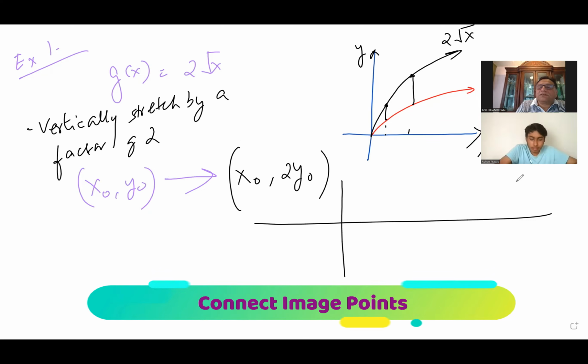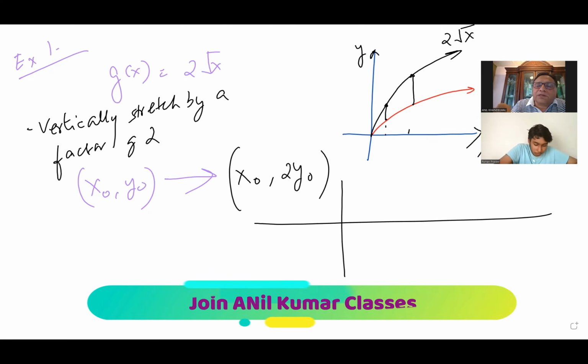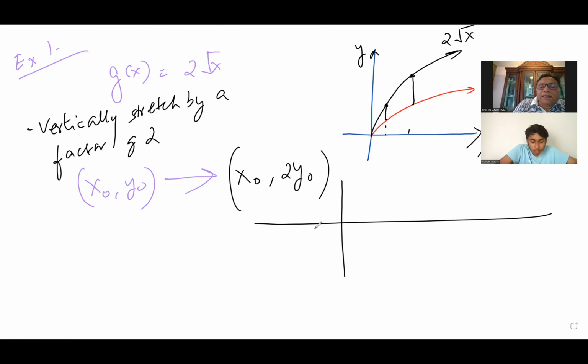So if you look at the key parameters for x and y, for example, if I take the square root x values, the coordinate points are 0, 0; 1, 1; 4, 2; 9, 3, square root of 9, right?